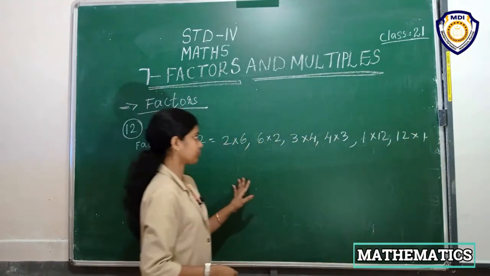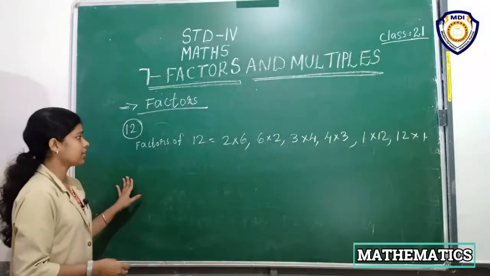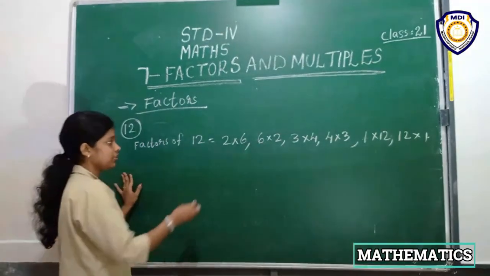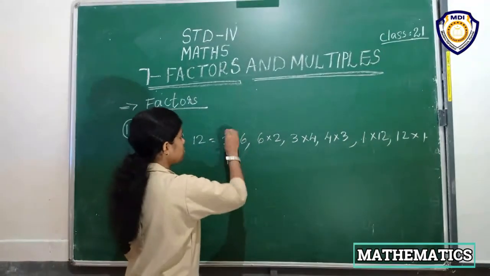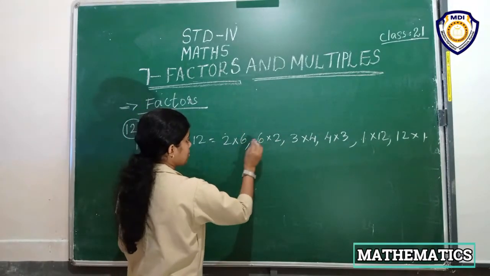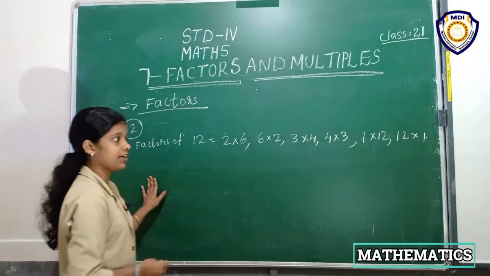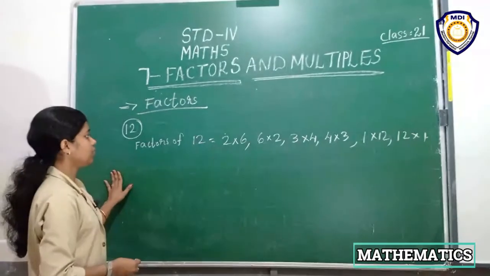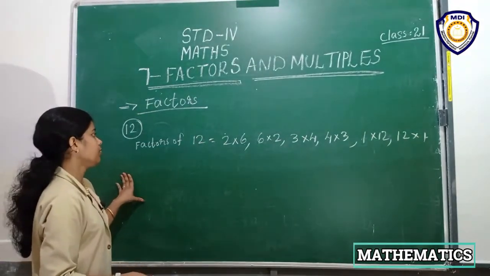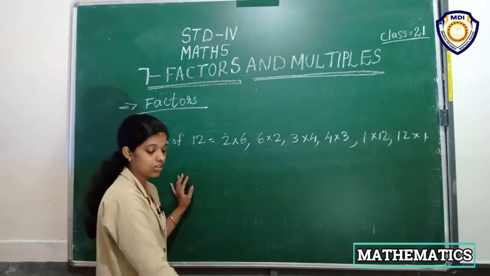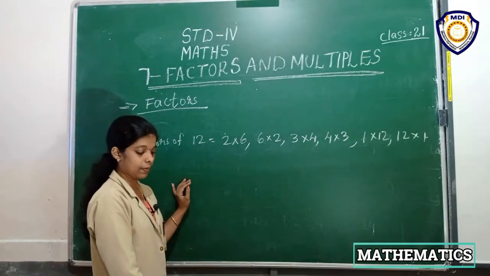Okay. This is the factors of 12. Here 2, 6, 3, 4, 12 and 1. Factors of 12.